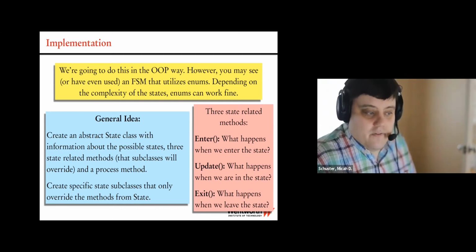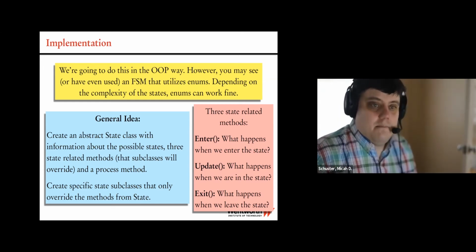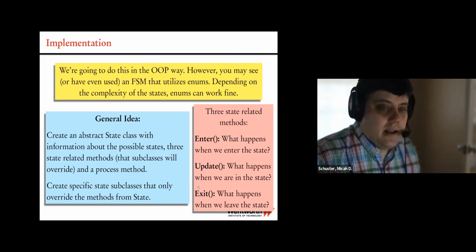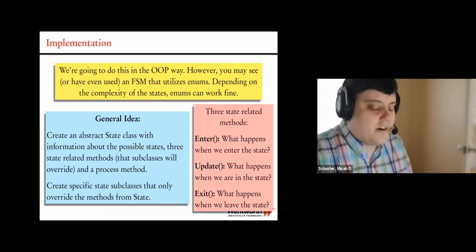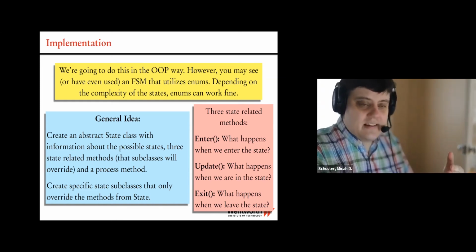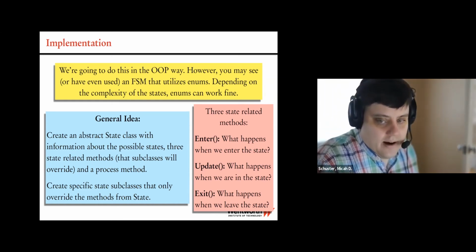For example, if I was in a game over state, when I leave that game over state to go back to the play state, exit would probably reset the player and the enemies and the score and all that other kind of stuff. So it's what happens when we enter, what happens when we're in the state, and what happens when we exit the state, when we leave the state to go somewhere else.